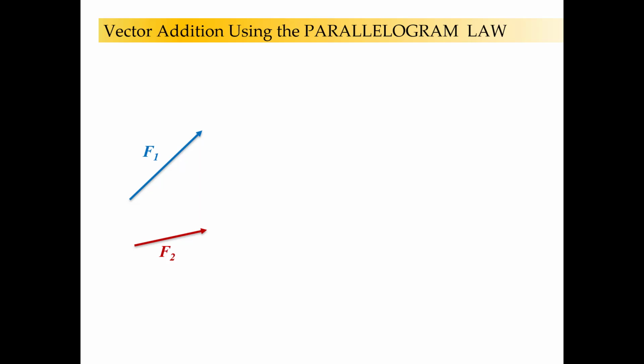Vector addition using the parallelogram law. So remember, vectors are not scalars. You cannot just add their numbers together. You can't just do, if F1 is 90 pounds and F2 is 90 pounds, you don't get 180 pounds because these two vectors are not pointing in the same direction, as you can clearly see. So what you have to do is take the vectors and make a parallelogram, okay?